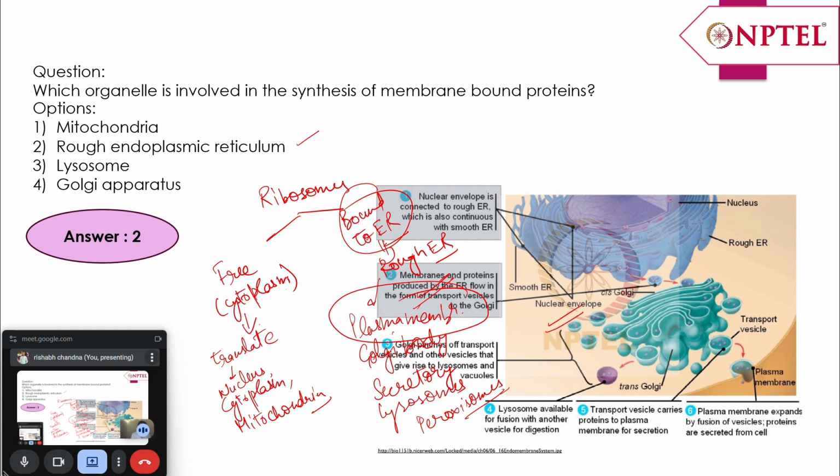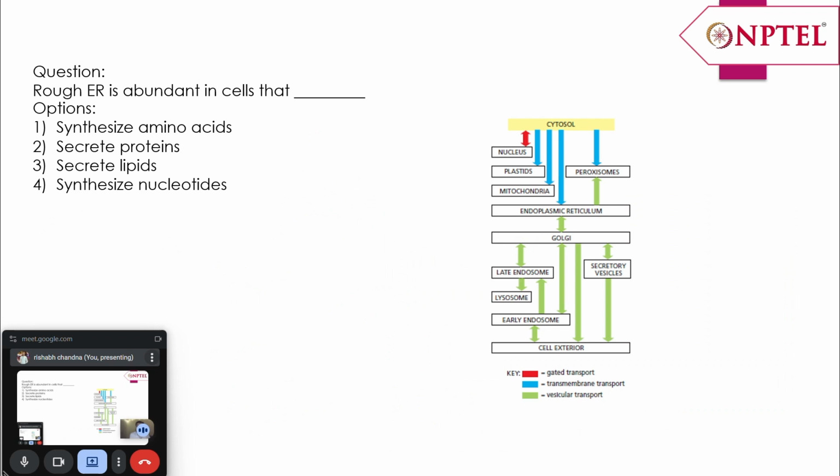So this is how the rough endoplasmic reticulum helps in production of proteins that are bound to the membrane. Okay, so any doubts in this particular case? Let's move on to the next question.